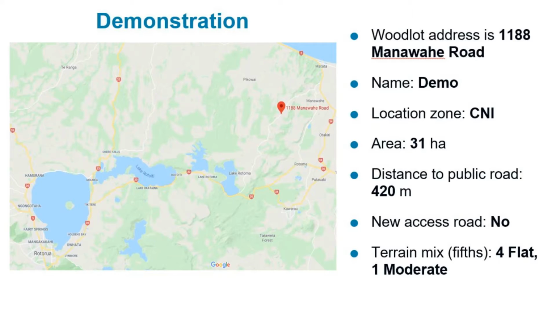It has an area of 31 hectares, and the distance from the public road to the edge of the woodlot is 420 metres. A new access road doesn't have to be built to the edge of the woodlot, and the terrain is fairly easy. It's about 4/5 or about 80% flat and 1/5 or about 20% moderate.